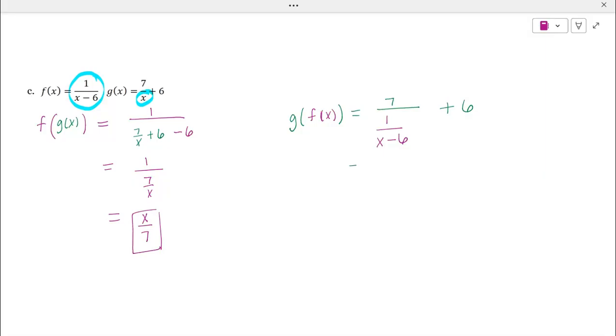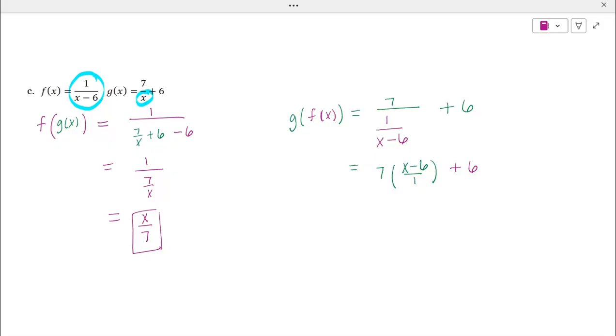All right, again, I said that when we are dividing by a fraction, it's the same as multiplying by the reciprocal. So what I have is 7 multiplied by x minus 6 over 1. I flip the fraction on the bottom upside down and change it to a multiplication problem. I still have this plus 6 here on the outside.